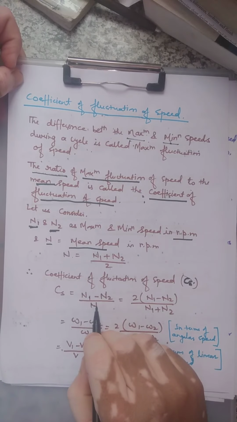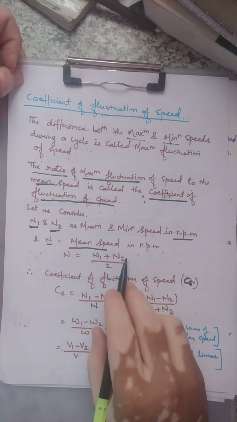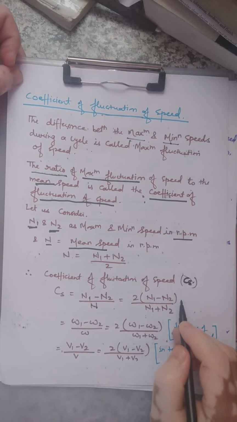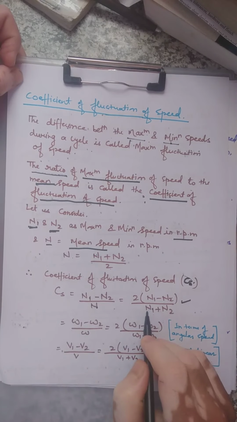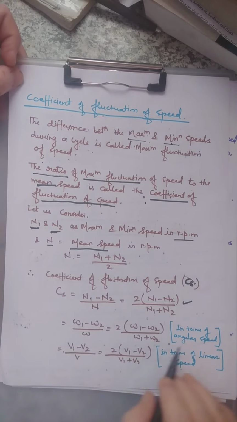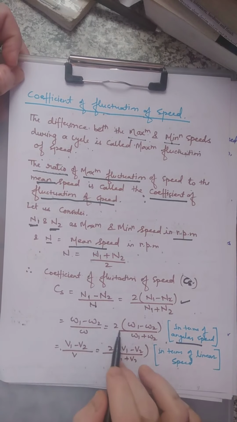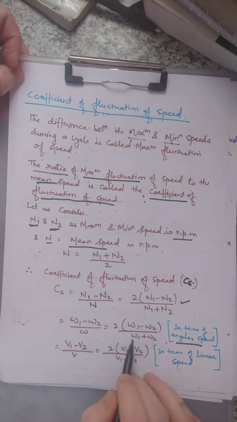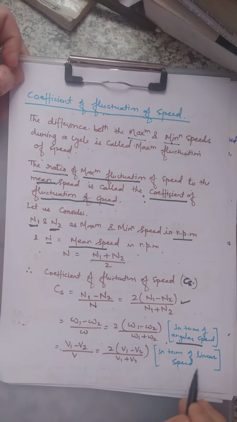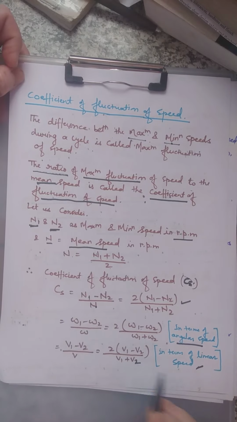If we put that value, we get 2 into N1 minus N2 divided by N1 plus N2. In terms of angular speed, it will be 2 into omega 1 minus omega 2 divided by omega 1 plus omega 2. In terms of linear speed, it will be 2 into v1 minus v2 divided by v1 plus v2.